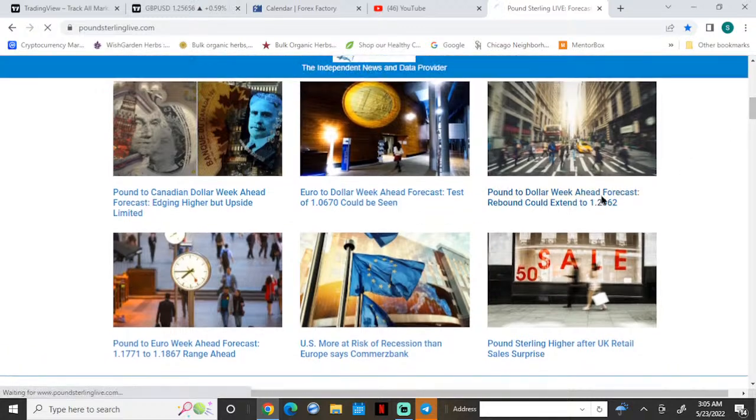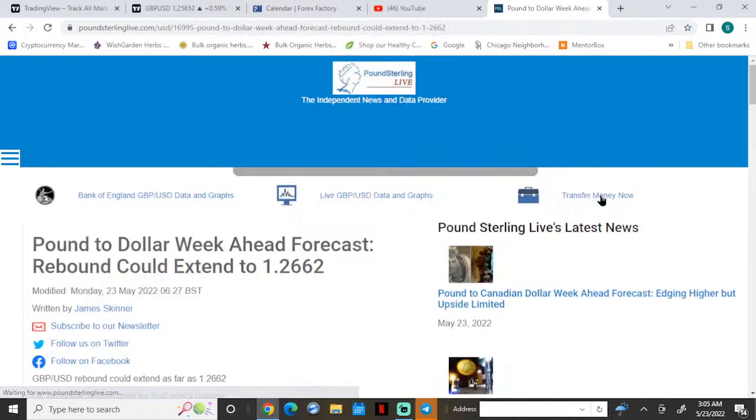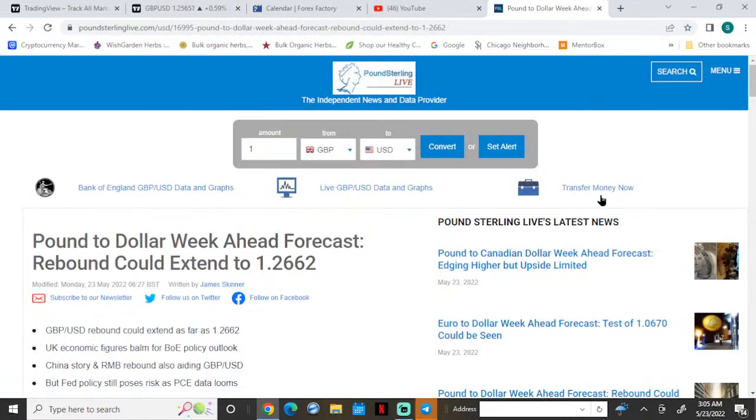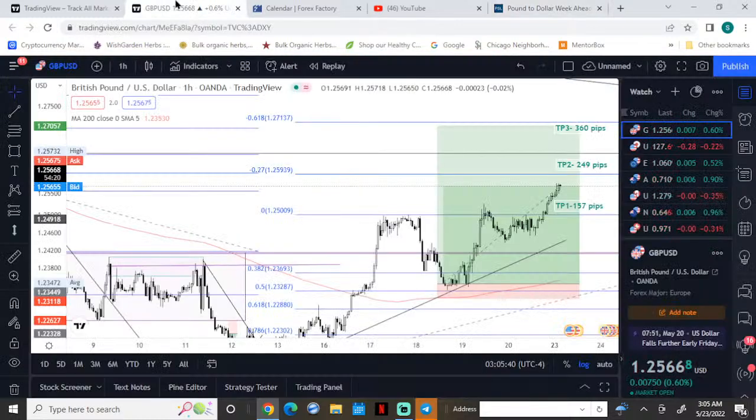All right, let's see what they said about the pound dollar. Pound to dollar week ahead forecast: rebound could extend to 1.2662. Let's see, where is that on the chart? And see, I have it going a little bit higher.